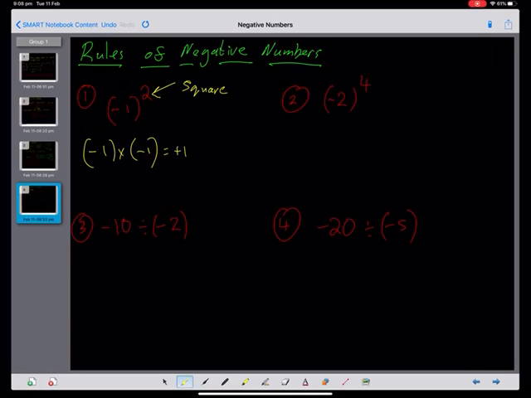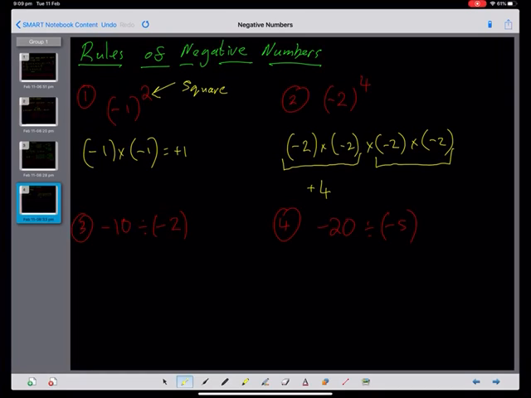Now, see if you can decide what you think negative 2 to the power of 4 is. So hopefully you've done that now, and I'm just going to write the meaning down. Negative 2 multiplied by itself 4 times. So I'm going to do these step by step. We know that a negative times a negative is a positive.